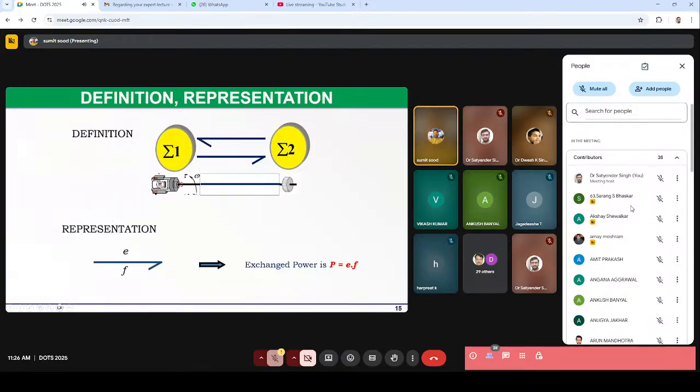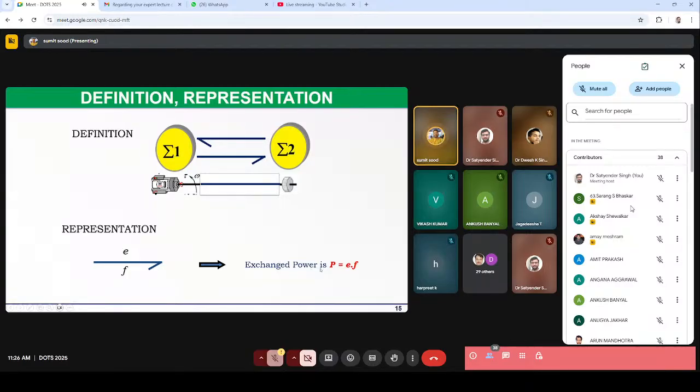To represent this power exchange between the load and the motor, we can use this bond, and this bond represents the power. For this bond, we have two associated variables that are called power variables. One is E, called effort, and the other is F, called flow.